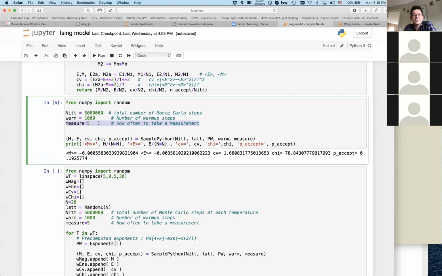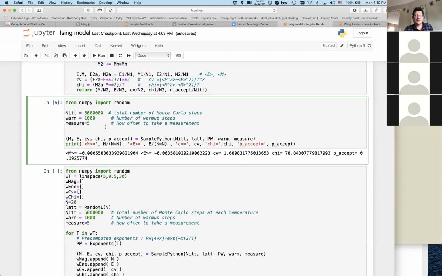If I set measure equal to 1, I will measure every step, but there is no point because on average, close to the transition temperature, I'm accepting only 20%, every 5th step only, so only 20% of the attempted steps. Of course, the warm-up period here is short. The number of iterations is actually 1, 2, 3, 4, 5, 6, so it's 5 million.